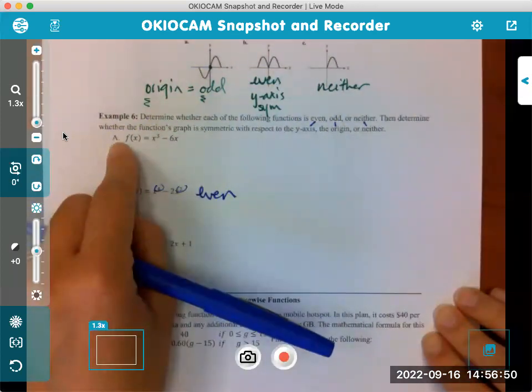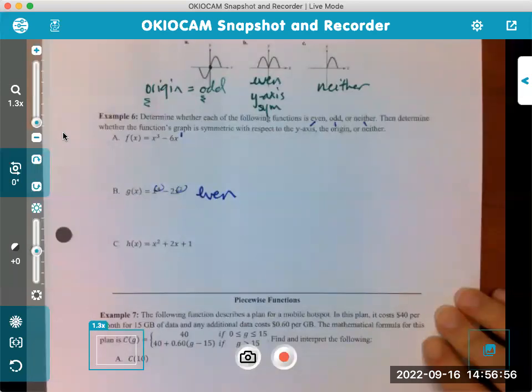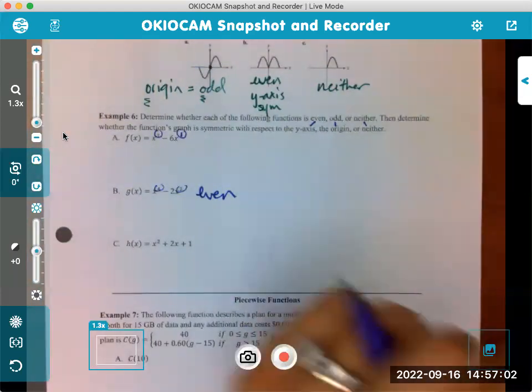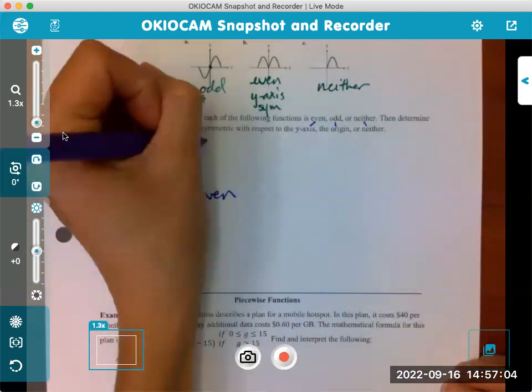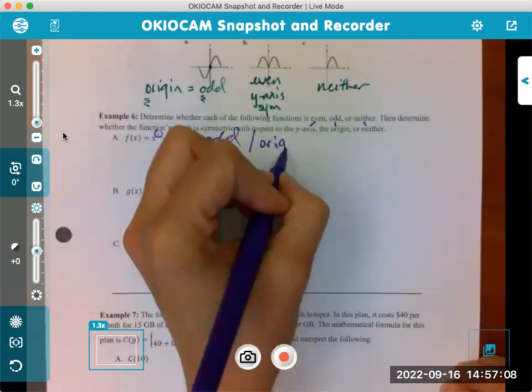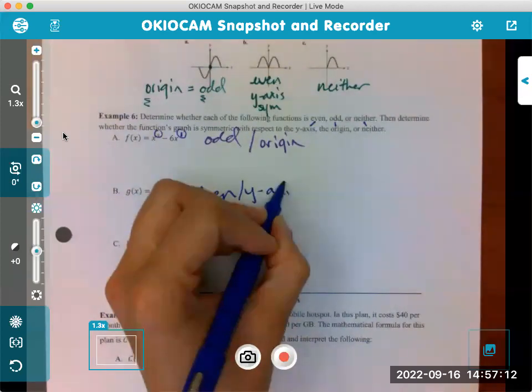If I look at A, remember that anything that doesn't have a power has the invisible power of 1. Same argument for A: because 3 is odd and 1 is odd, I know that it is odd. So it is also symmetric to the origin, and B, if it's even, it's also symmetric to the y-axis.